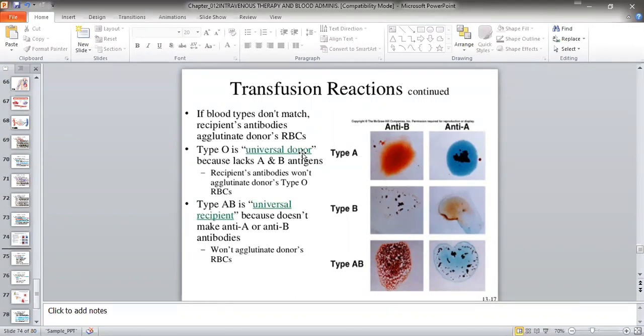I said the universal donor is O, but if you do not know the blood type in an emergency situation, it is safe to give O negative. I am going to recap: the safest blood to administer in an emergency if the blood type is unknown is O negative, right?